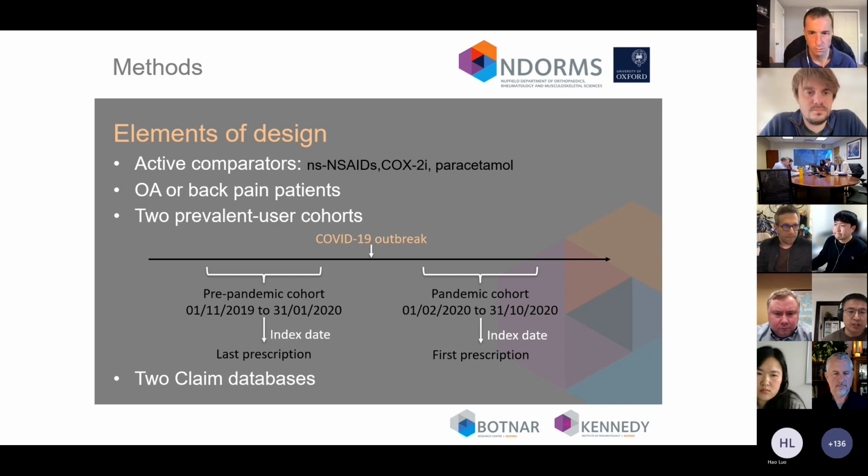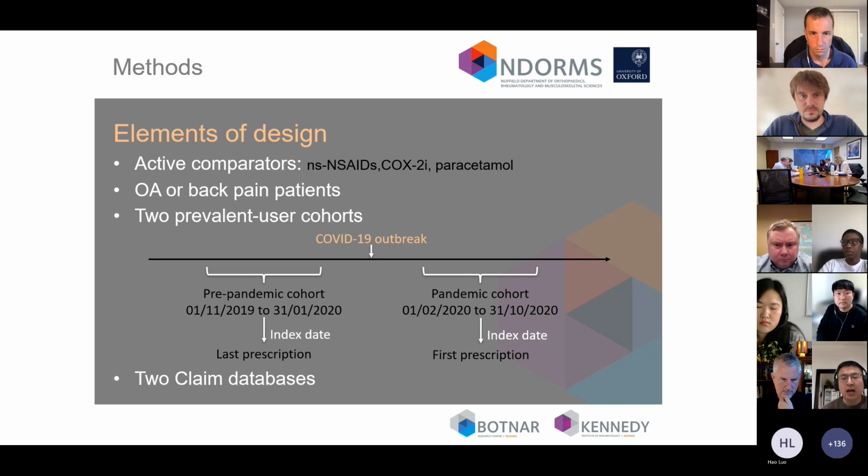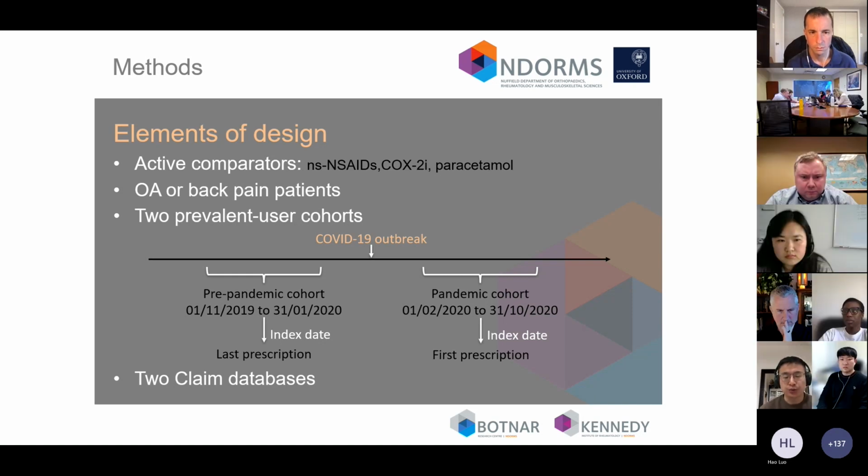We also restricted the patients to OA and back pain patients, with the consideration that most of them are regular or chronic users of ibuprofen and were therefore less likely to switch between different drugs than new or intermittent users.